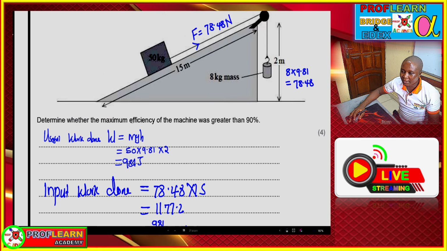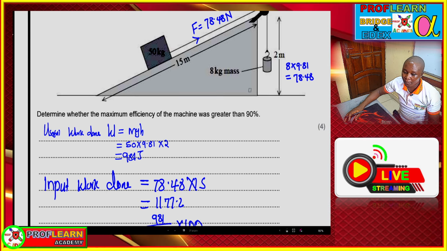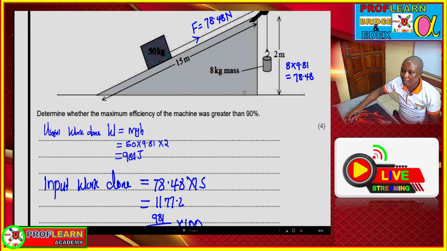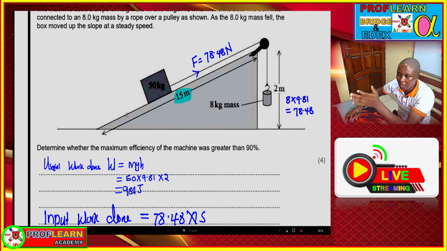Input work done is the work done to move this along the inclined plane. So the work done to move it along this particular distance is the input work done. The distance over which this object is going to move along the inclined plane is going to be 15 meters. Remember, work is equal to force times distance, isn't it? So what is the force that is applied along the inclined plane here?